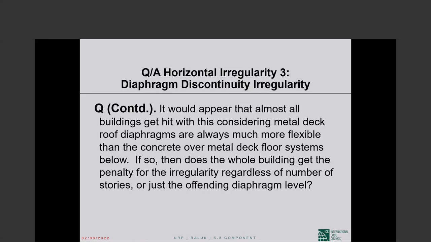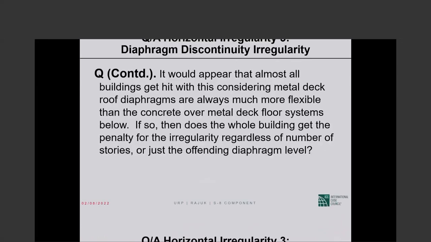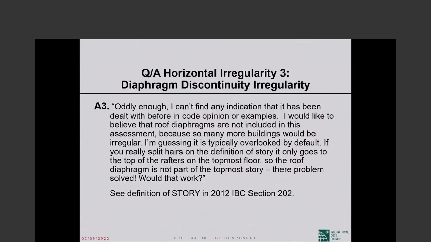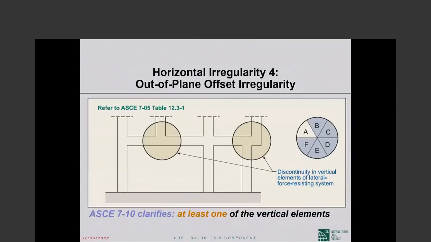We're not going to do anything on the roof anyway, so there is no reason to put a concrete topping. So are all those buildings irregular? The untopped roof diaphragm is definitely much less stiff than the topped floor diaphragms. Are all those buildings irregular? Opinions are expressed that you can read. And that situation probably does not exist in Bangladesh, at least to a significant extent. So maybe don't worry too much about it.